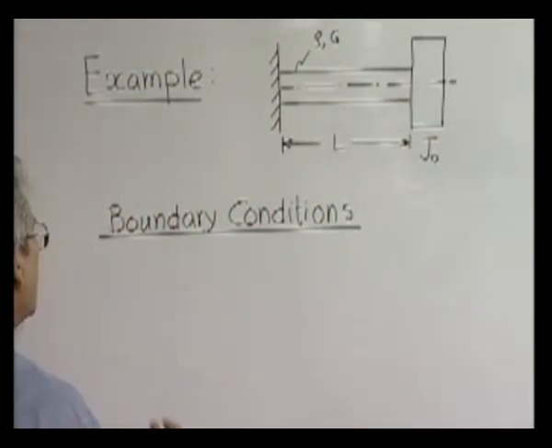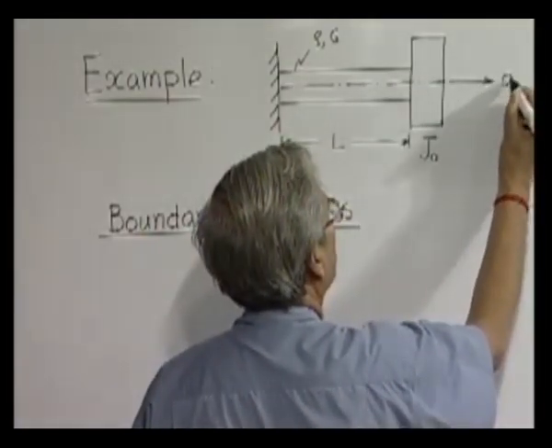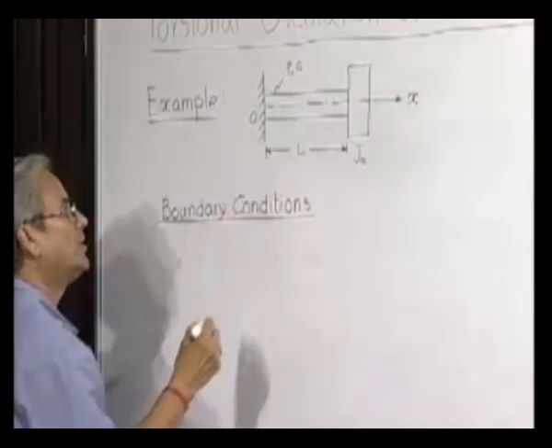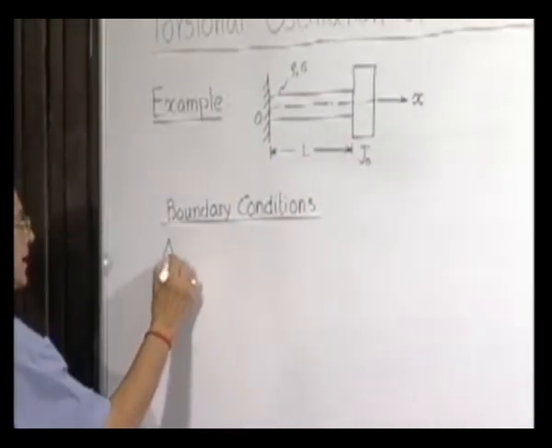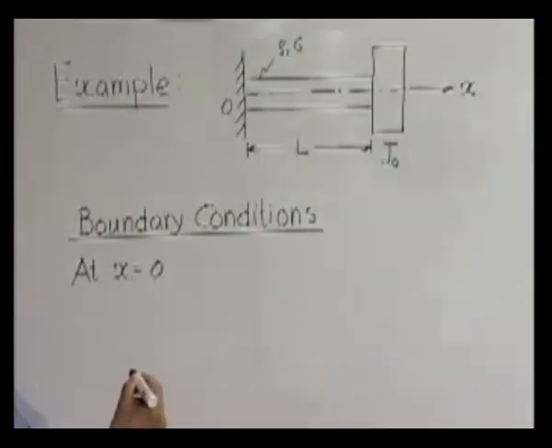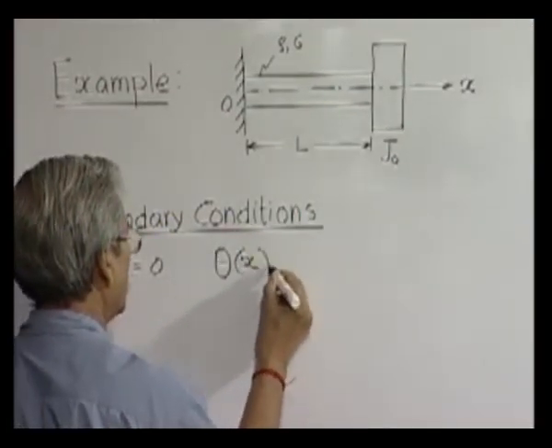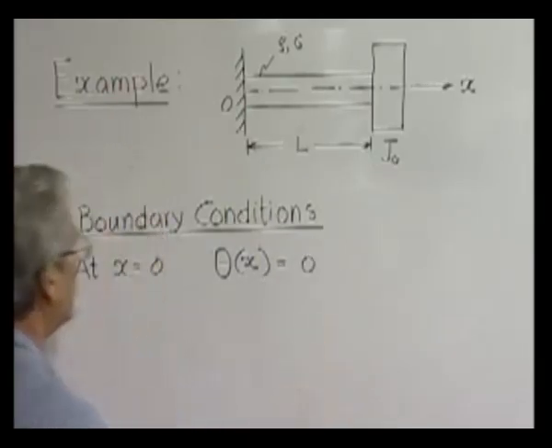The boundary conditions we find, if we consider this to be the x-axis and that is the origin, at x equal to 0, theta x equal to 0, because it is a fixed end.